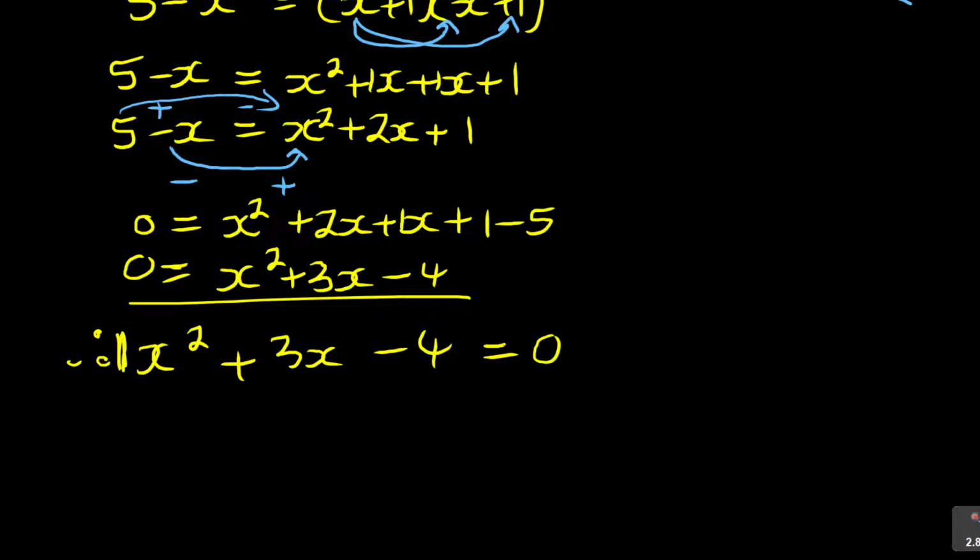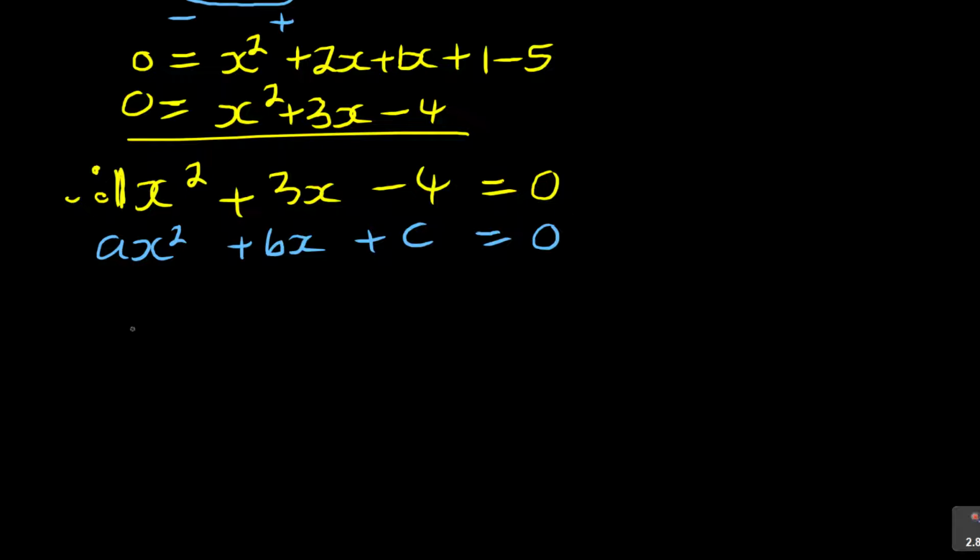So x is equal to, okay, let me do this quick. Remember, it's ax squared plus bx plus c equal to 0. It's not necessary, but it's very important if you want to ensure that you don't make errors. So what is my quadratic formula?